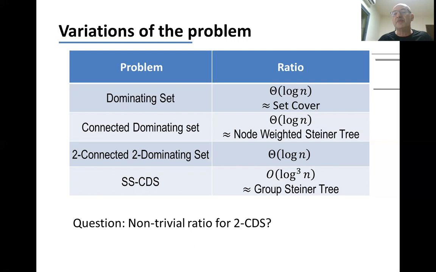The two connected dominating set problem, I will not show it here, but this was done before, also admits a tight ratio log n. And as we shall see, this problem was also related to the problem we discussed, the subset Steiner connected dominating set problem, which is related to the group Steiner tree problem and admits approximation ratio log to the 3 n.